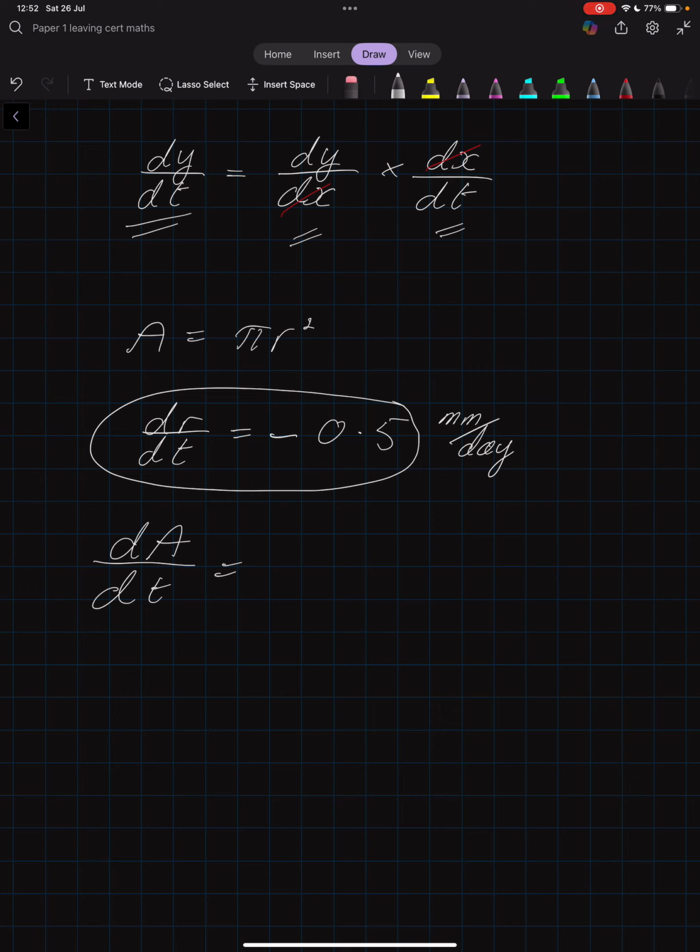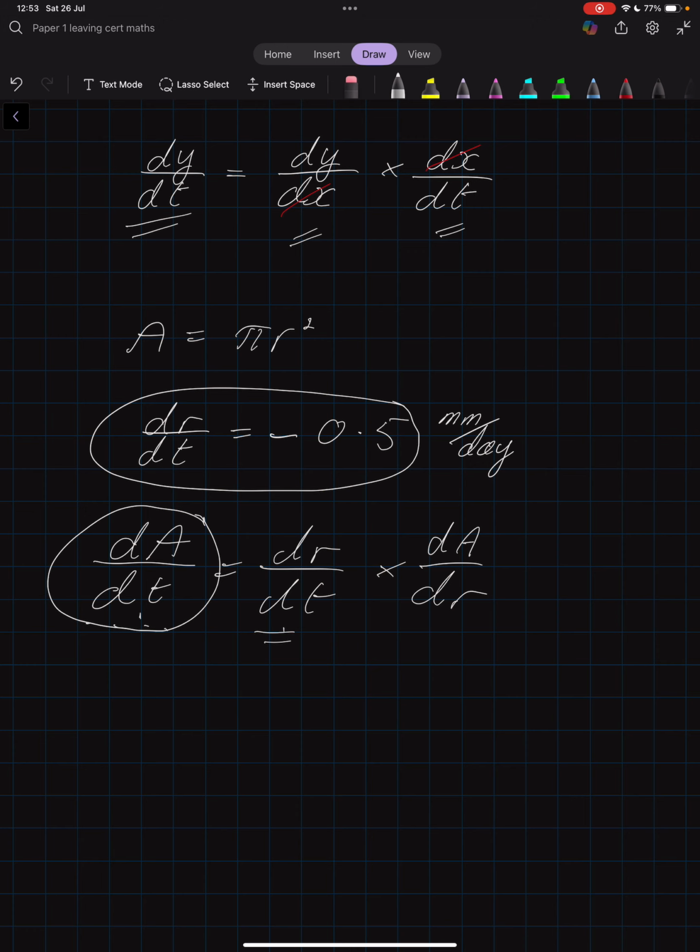And now what you do is you say, okay, well, this is what I'm looking for. This is what I have. What do I need to multiply this by to be left with dA/dt? So the dt and dt, they can stay. That's fine. I need to get rid of the dr. So I'm going to divide it by dr. And I need to end up with a dA, so I put dA on top. Okay? So remember, this is what I'm looking for.